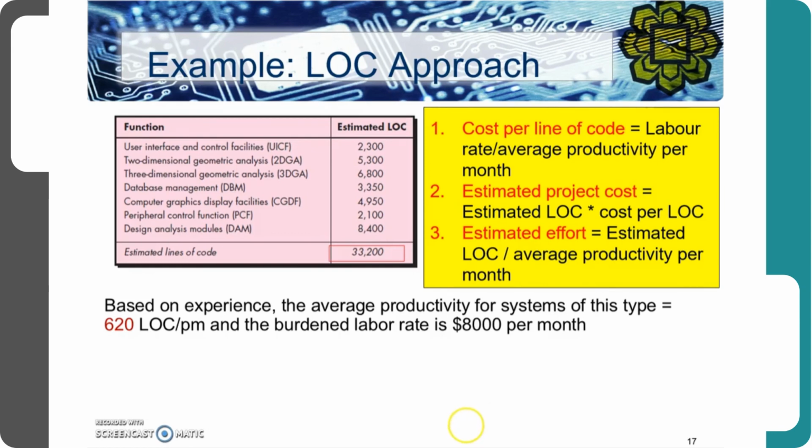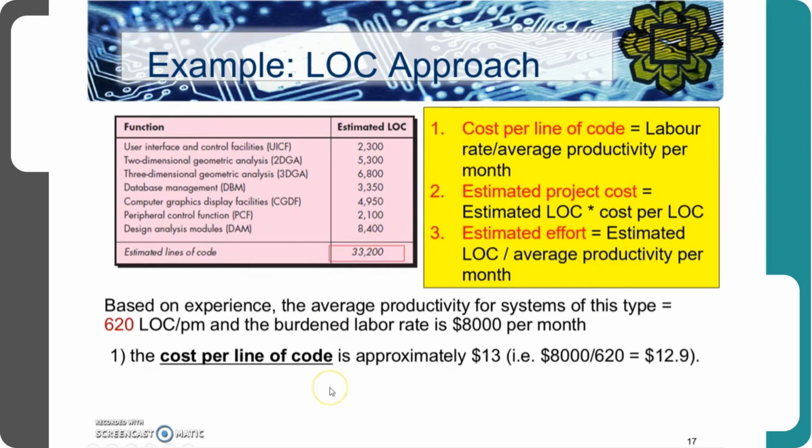So based on this, we further calculate the cost per line of code, and then the estimated project cost, and also the estimated effort. The formulas are given in the rectangle here. Now let's say we want to calculate the cost per line of code.